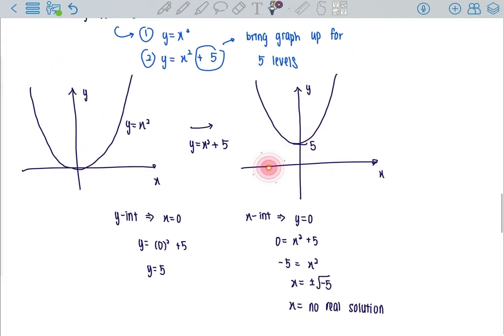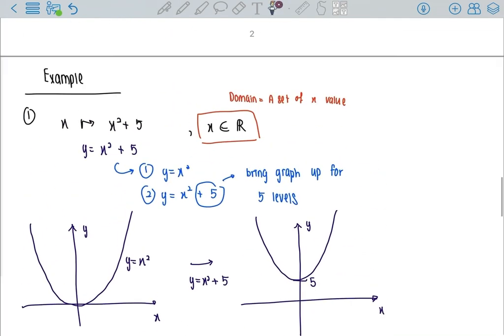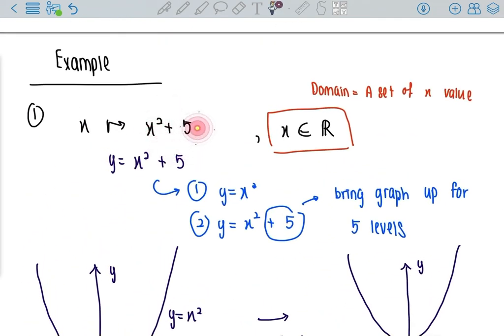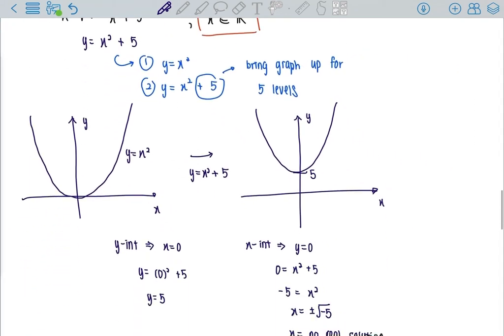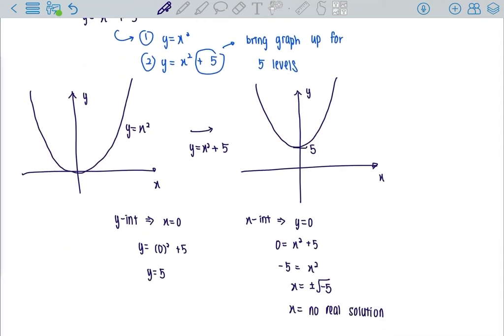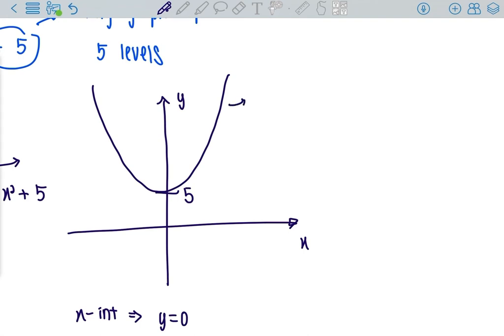First thing is, you need to understand that x squared plus 5 is a curved graph. Based on the graph that we have sketched here, this is our y equals x squared plus 5.